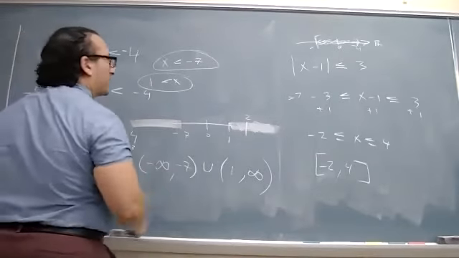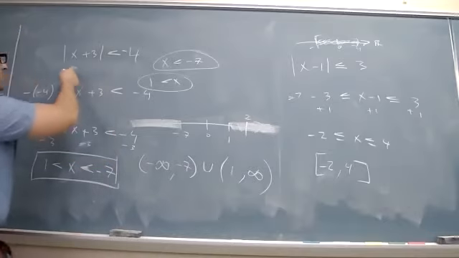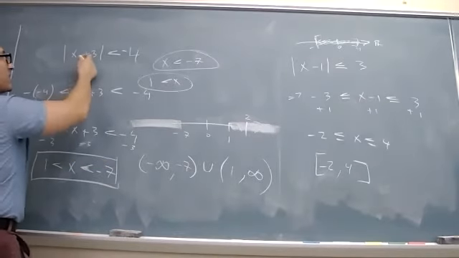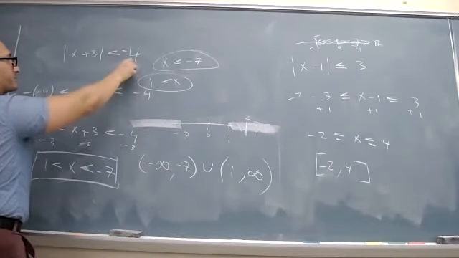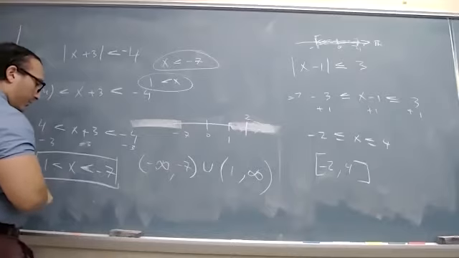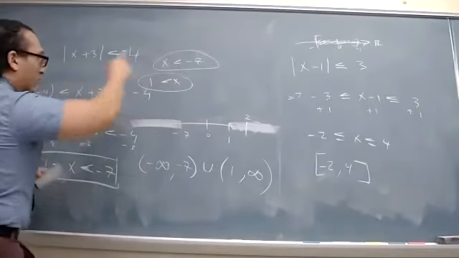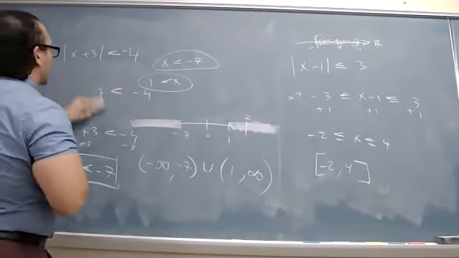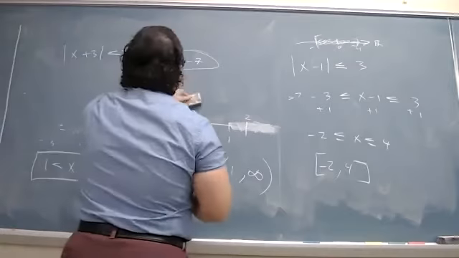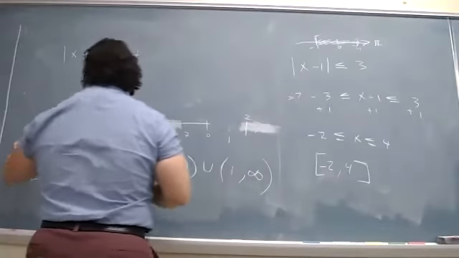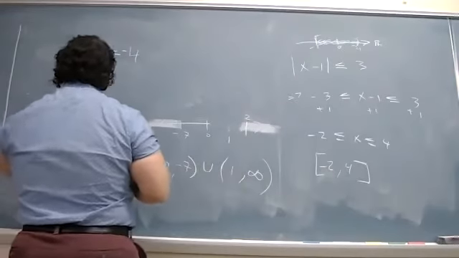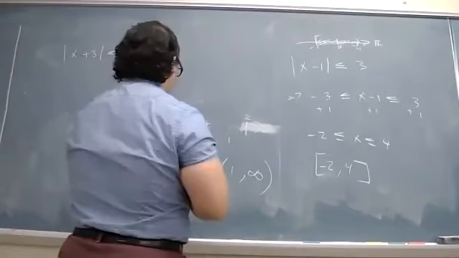Forget what I said here, because the absolute value of anything is a positive number and it can never be less than a negative number. So everything we worked out for this problem is false mathematically. So let me create a problem that's not false mathematically.